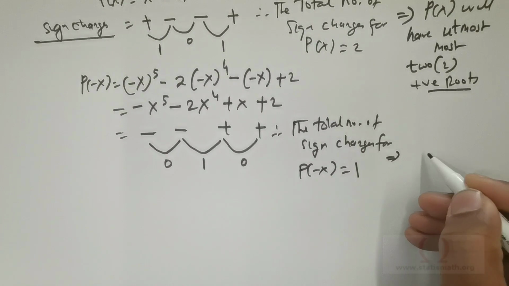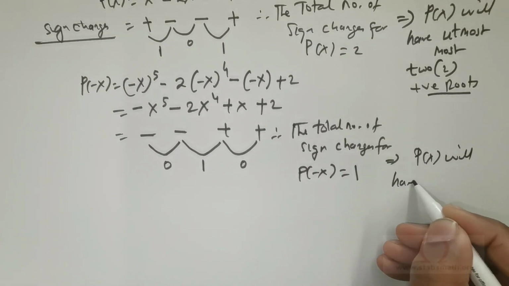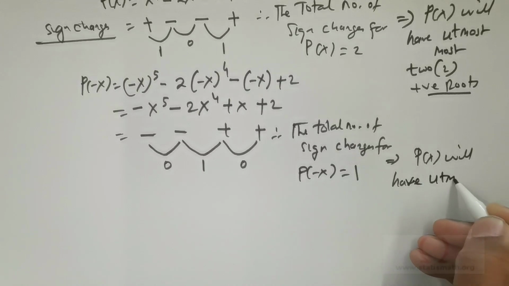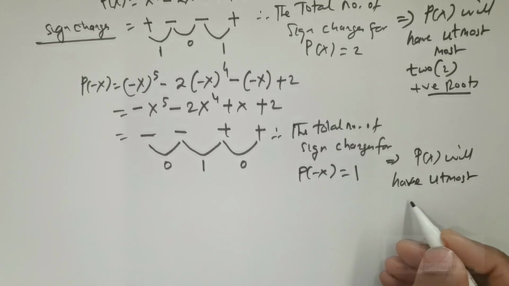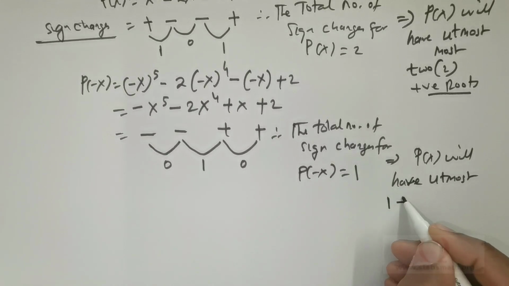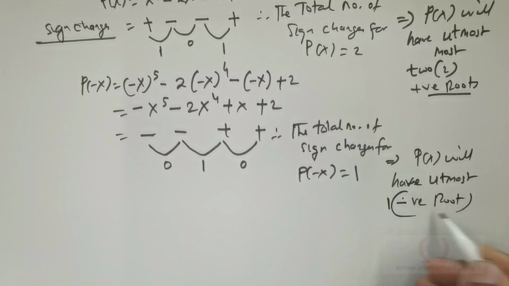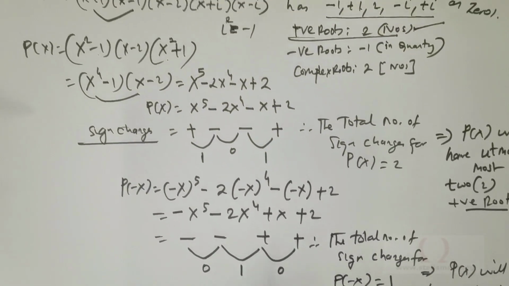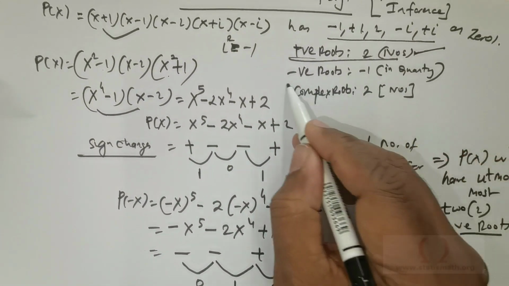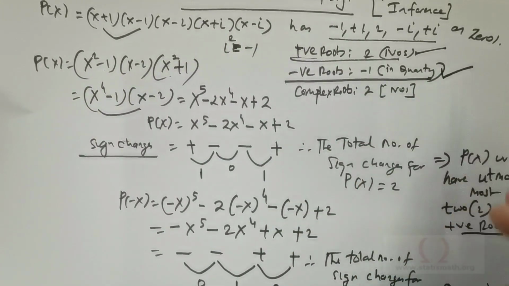So this would mean p(x) will have at most 1 negative root. If you look here, it just has 1 negative root. So this is also verified.